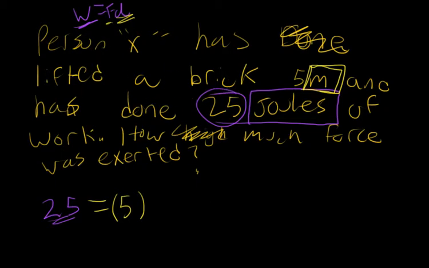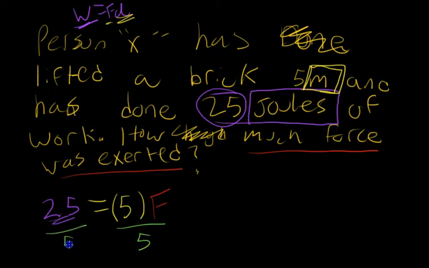And then, what do we want to know? How much force. We want to know the F, so we don't know the F. We have one variable, and we can solve for it easily with some algebra. 25 divided by 5, and we get force is equal to 5.